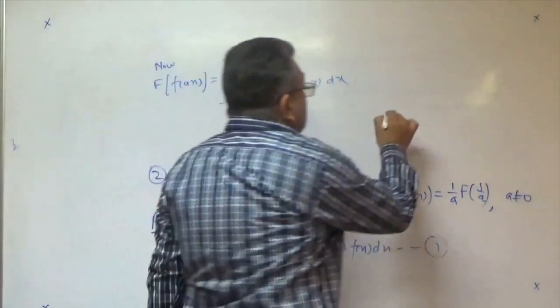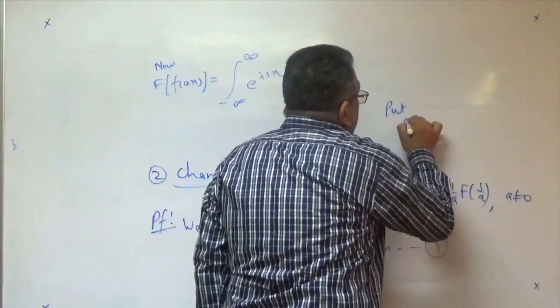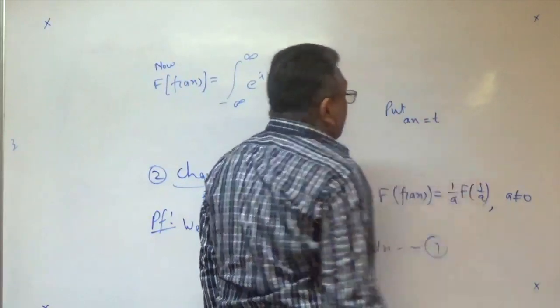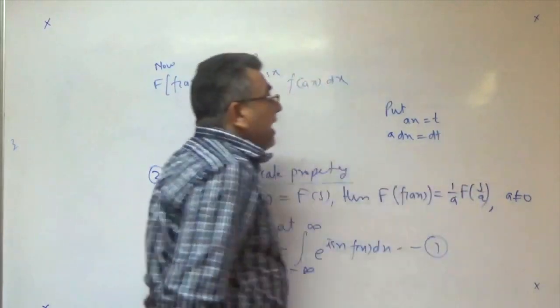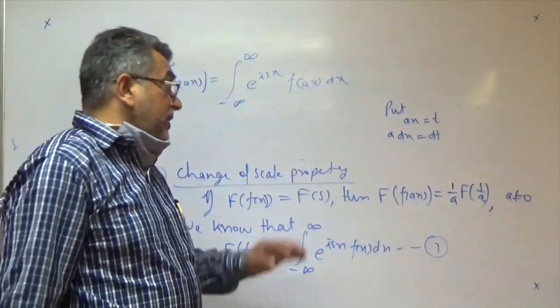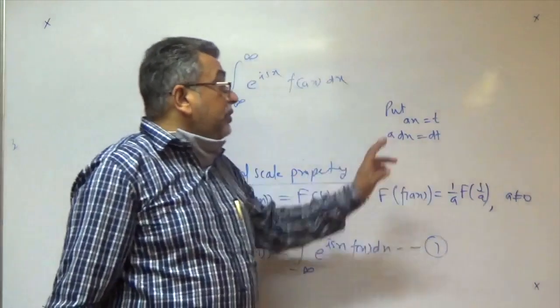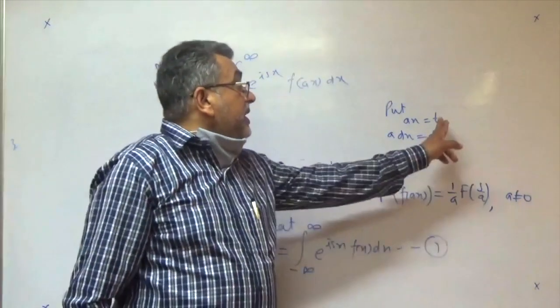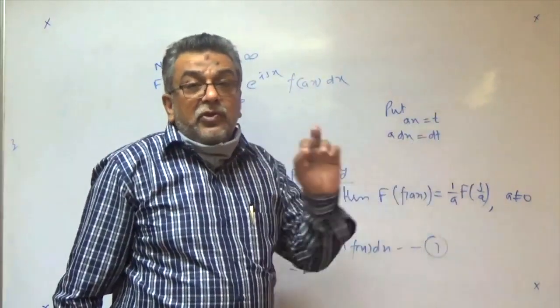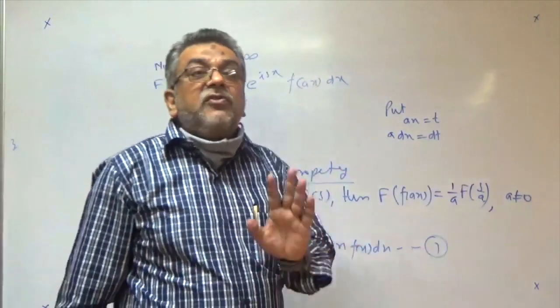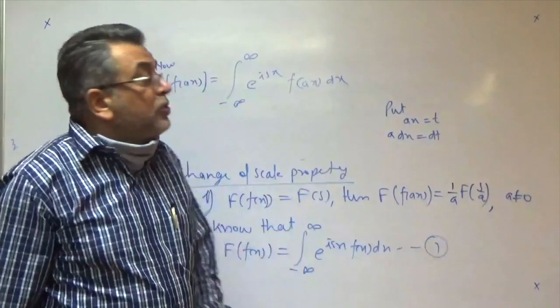Now take the substitution ax equal to t, then naturally a dx equals dt, and the limits do not change, because when x tends to minus infinity, t also tends to minus infinity, and if x tends to plus infinity, then t also tends to plus infinity.